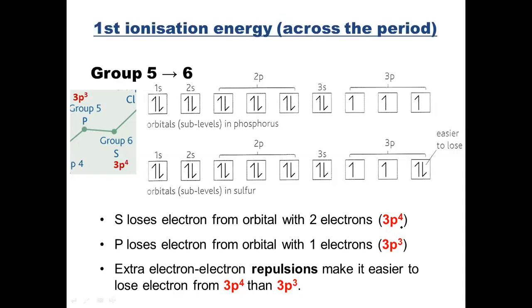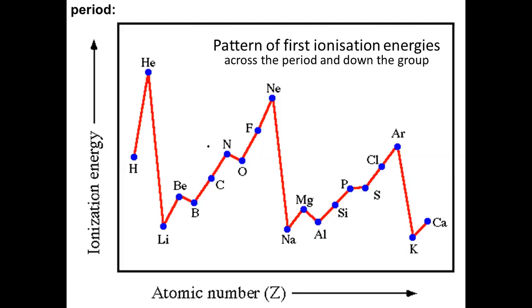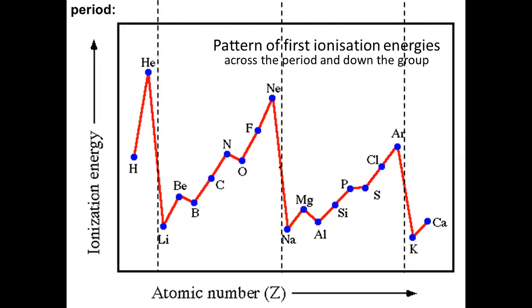Okay, move on. So when you look at that pattern, we looked at what happens across the period. So you can see this is period 1 in here. This is period 2 in here. It's period 3 in here. That's the one that we just discussed, and so on. So if you go across the period and down the group, you've got this kind of repeated pattern.